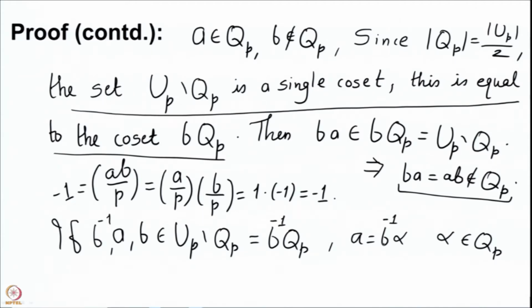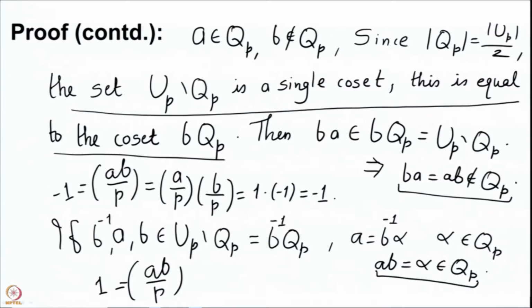So, we get A equal to B inverse alpha, which says that AB is alpha, which is in QP. And therefore, we get that (AB/P), which is now 1 because AB is in QP, is equal to the product of 2 minus 1s.